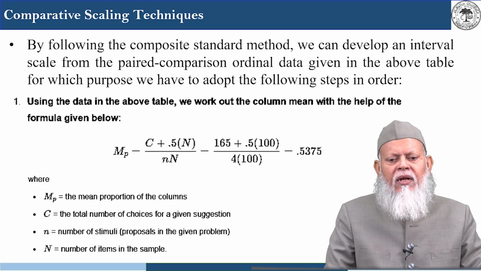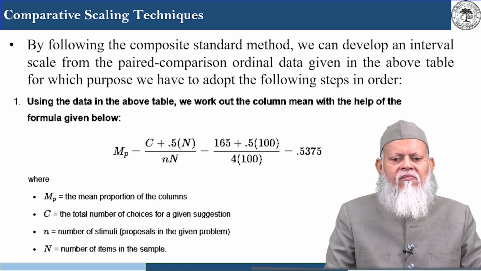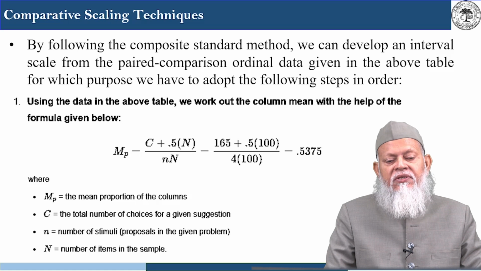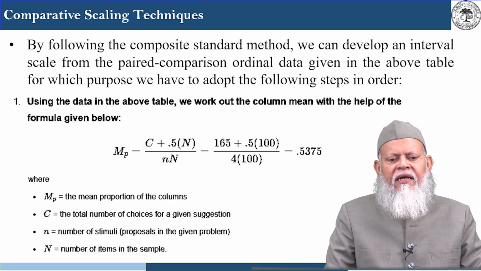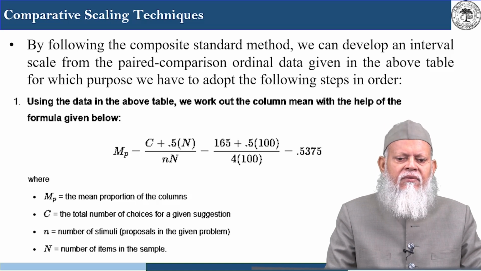In the formula, MP is the mean proportion of the columns, whereas C is the total number of choices for a given suggestion, for A, for B, for C, for D, and then N is the number of stimuli, that is proposals in a given problem, and n is the number of items in the sample, that is 100 to us.